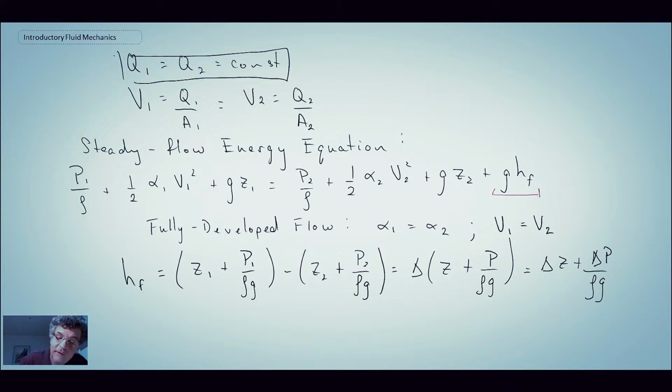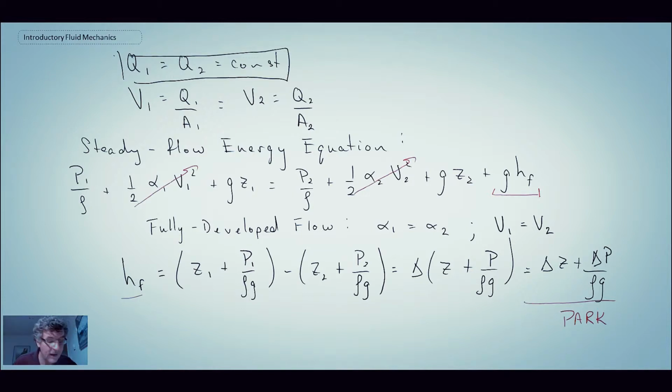Given that V1 and V2 are the same, we can take that out and that out. What we're then left with is just the pressure terms and the elevation terms, and we can then solve for hf is equal to that. We're going to park that for a couple of moments, and after we look at the momentum equation, we'll come back to this equation and we will couple it in.